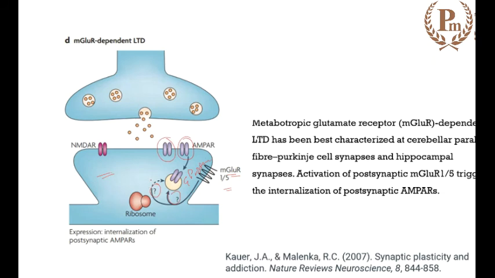These are the mechanisms which have been explained in this review paper. You won't find many of the mechanisms of LTD in most of the books. They just tell that LTP is by insertion of AMPA receptors, and LTD, due to some mechanism, causes the internalization of AMPA receptors.